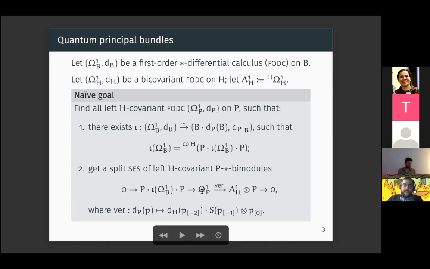All this is an abstract version of contracting a one form on your total space by the fundamental vector fields coming from your Lie action. And so what you want is for this to be not just a short exact sequence of left H covariant P star bimodules, but you want it to be split in that category too, and a left splitting is your star preserving bimodule connection.